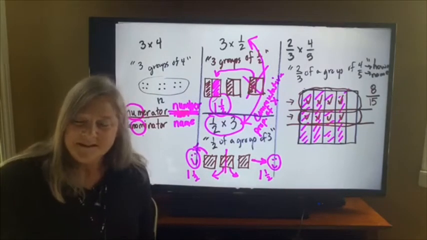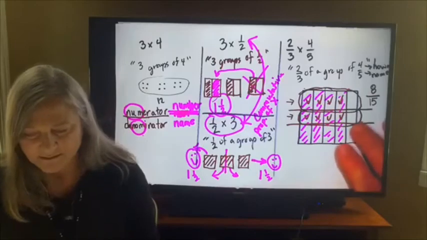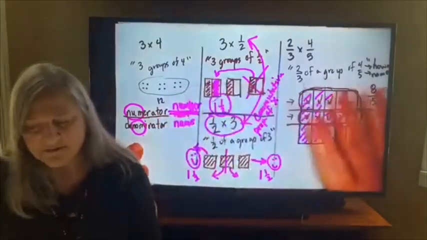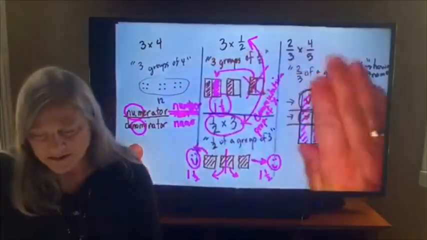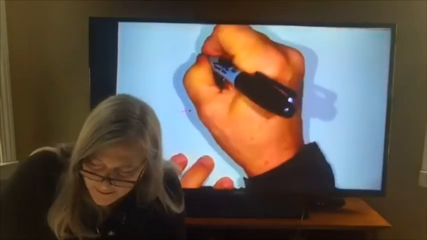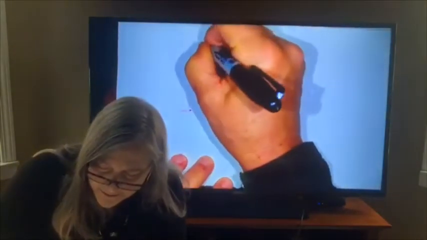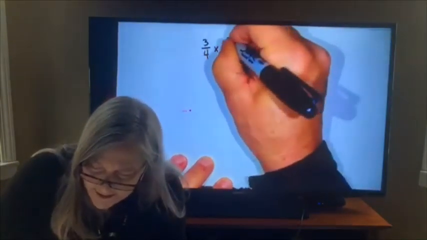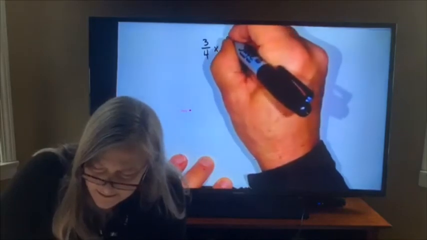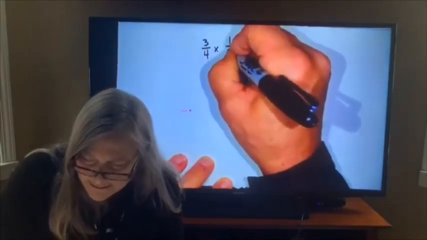Let's do another one of these. I'm not going to rewrite our first 2 stages. We'll just go into another one of the multiplication problems. So let's start off. Let's do this one: 3/4 times 1/8.